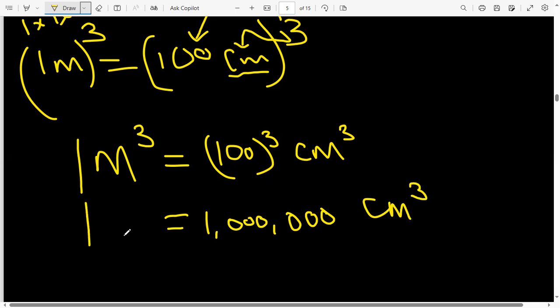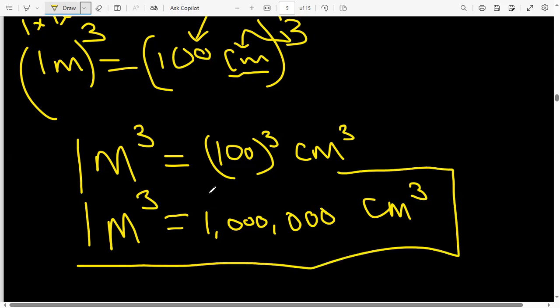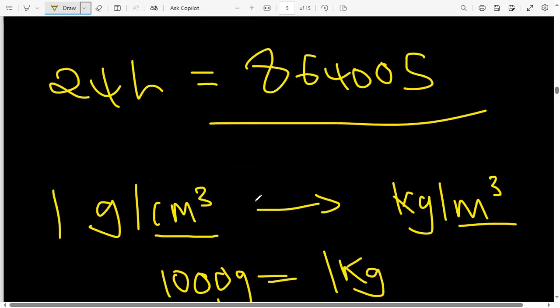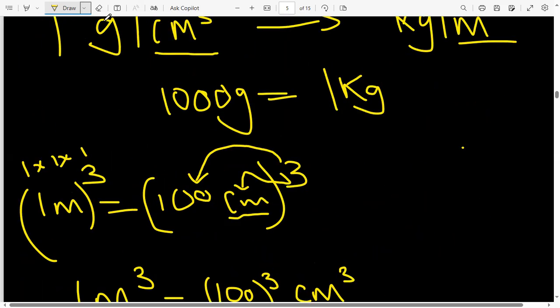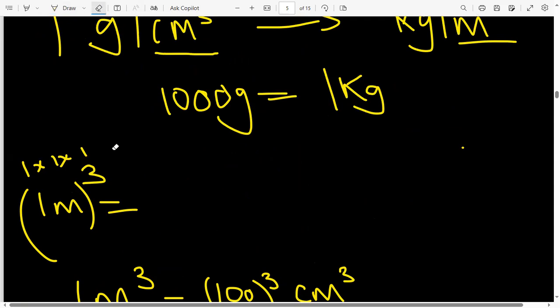So it means 1 cubic meter is equal to what? 1 million cubic centimeters. So it means this is a conversion factor, this one here. This is a conversion factor we are looking for, okay? This guy here. So I'm going to write it here, just down here. I'm going to wrap some of the things here. Okay, and then I write that conversion factor.